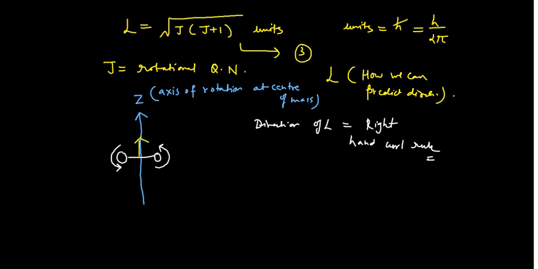So this is my L. This thick yellow arrow is the magnitude of L. This is the anti-clockwise direction. Remember, the molecule is rotating in the anti-clockwise direction, in that manner which I have shown you.